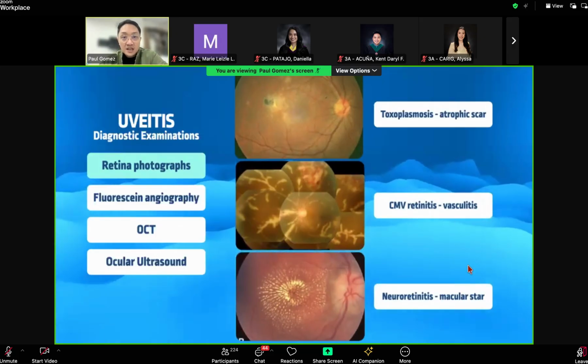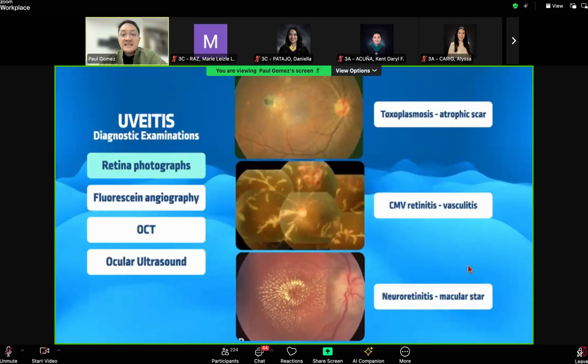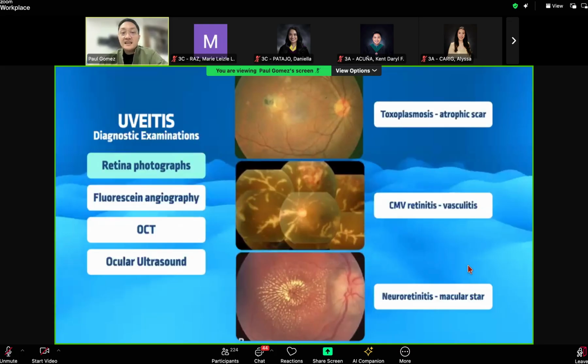As seen in these examples, the top photo shows an atrophic scar from toxoplasmosis. The middle photo shows a frosted branch angiitis or a retinal vessel sheathing seen in CMV or cytomegalovirus infection. The bottom photo shows a macular star and optic disc edema as seen in patients with neuroretinitis.